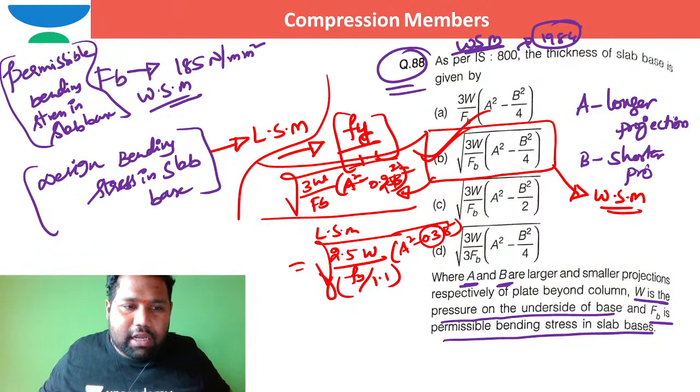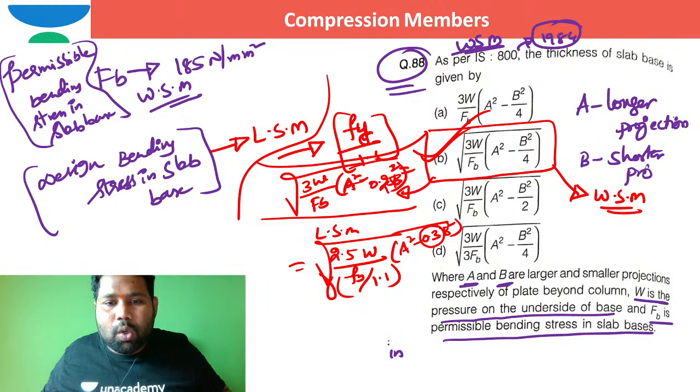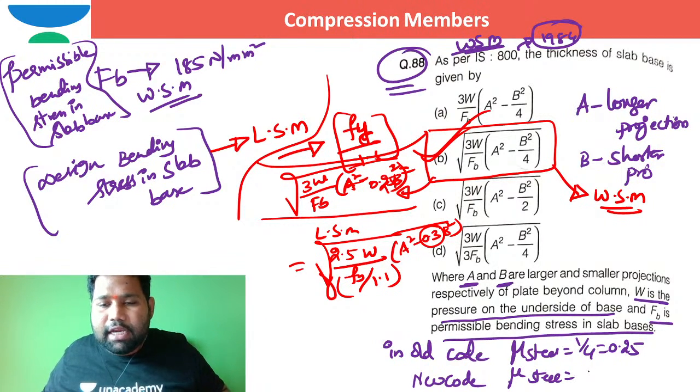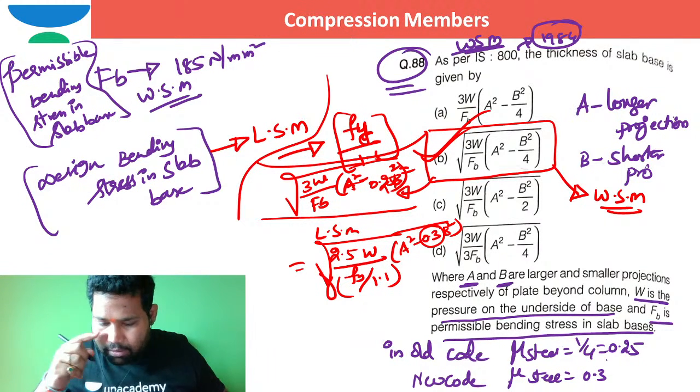Let me write that as a note, the difference between old code and new code. In the old code, mu for steel is 1 by 4, which is 0.25. In the new code, mu, Poisson's ratio for steel, is taken as 0.3.